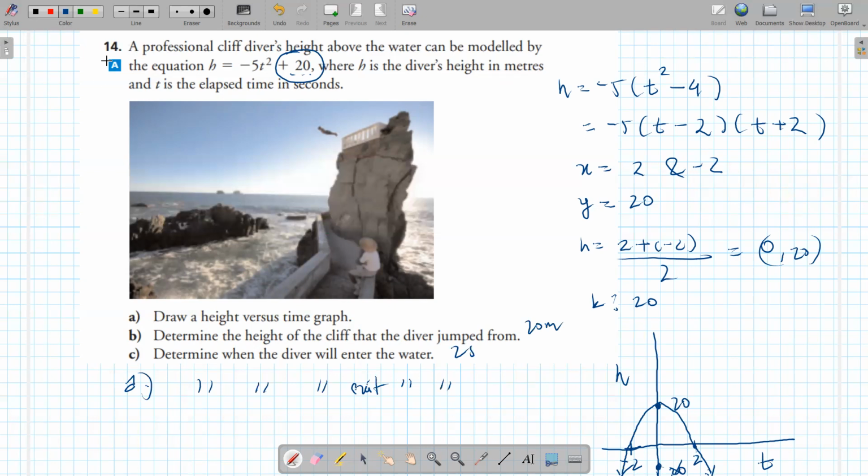Because this model that we have is only fit for this. We don't know what happens after he enters the water. The model cannot answer that question. This is like a modeling thing we did a couple of weeks ago. But my answer is that he's never coming out of the water because there's rocks down there. But the technical answer is the model cannot answer that question. It's only valid up until this point.